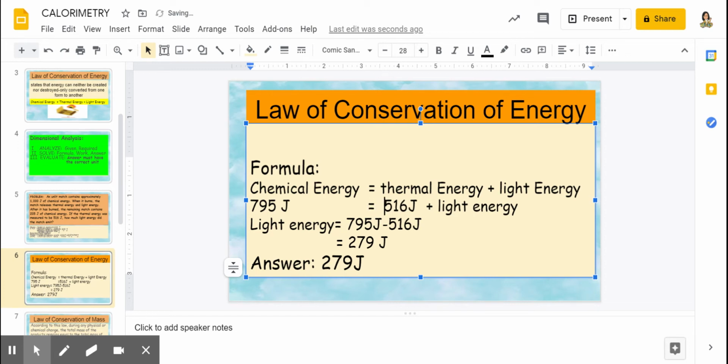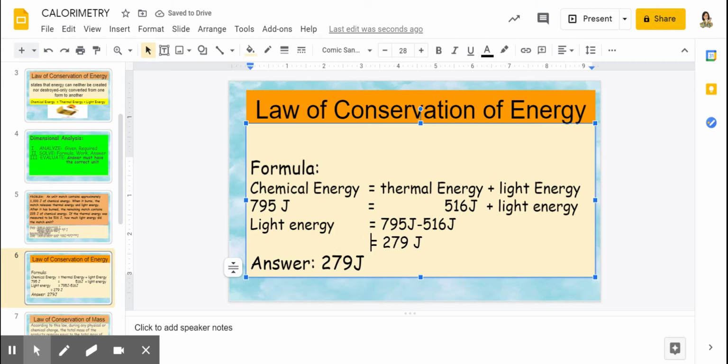The one that's given is 516, and you are just looking for the unknown, which is light energy. So you plug it in and isolate light energy. The conventional way of writing your equation is you write your unknown on the left side of the equation. So therefore now you have 795 minus 516 is equal to 279 joules, which is the answer for the problem.